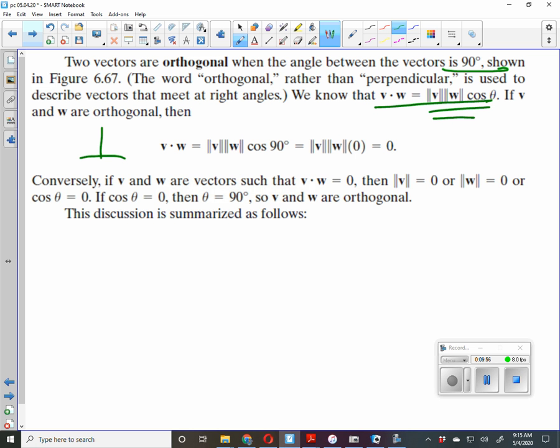If these are orthogonal, then this is going to be equal to 0. So again, I wouldn't go through this. I would just simply work with our dot product here. Okay, so we're looking for slopes, or we're trying to prove that something's orthogonal.